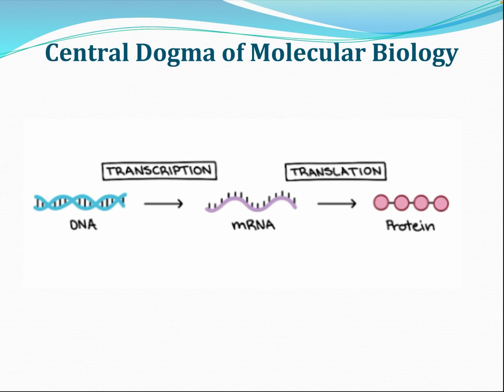The central dogma of molecular biology represents two operations, transcription and translation. It is a continuous operation, whereby DNA is converted into mRNA by transcription, and mRNA codes for the protein sequence by a process called translation.